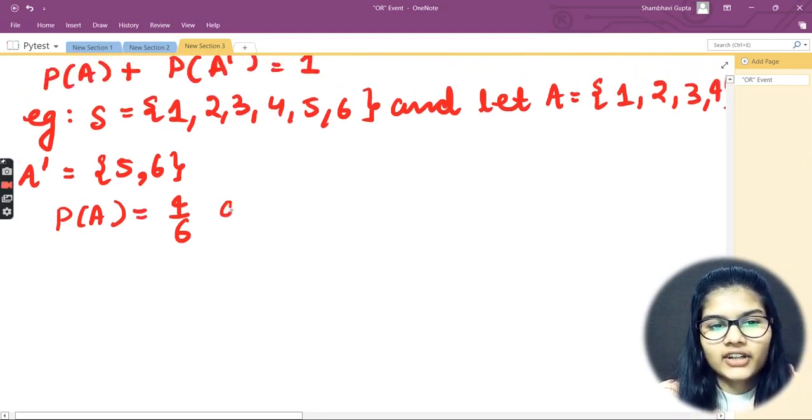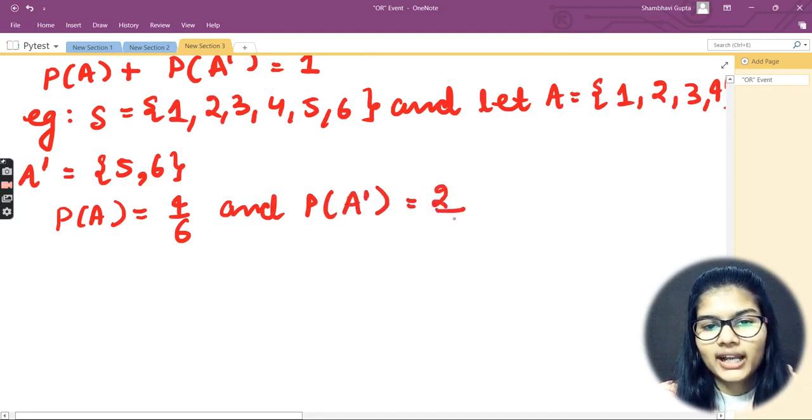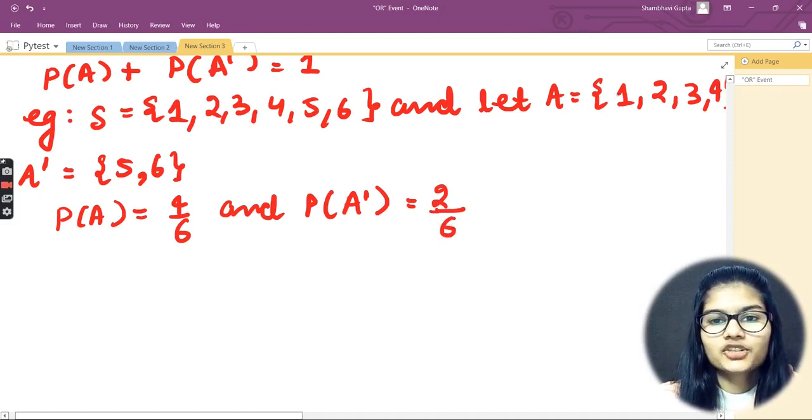And the probability of A prime will be 2 by 6. How come 2 by 6? Because in A prime we have only 2 numbers, but my real sample space has a total of 6 numbers. So it will be 2 by 6.